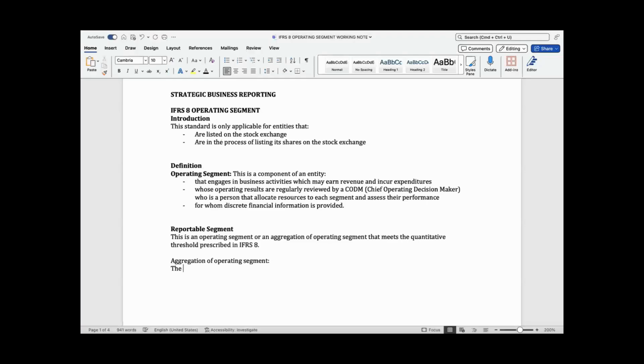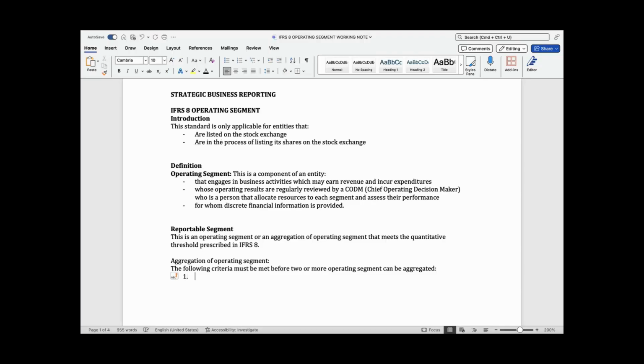The following criteria must be met before two or more operating segments can be aggregated.